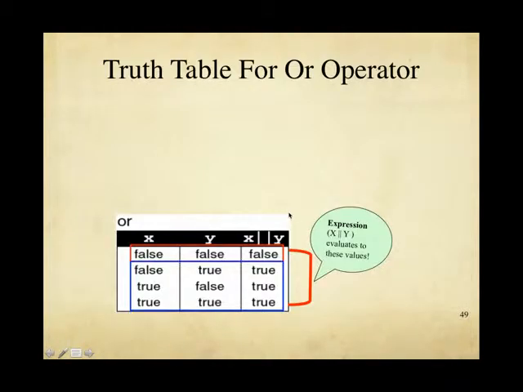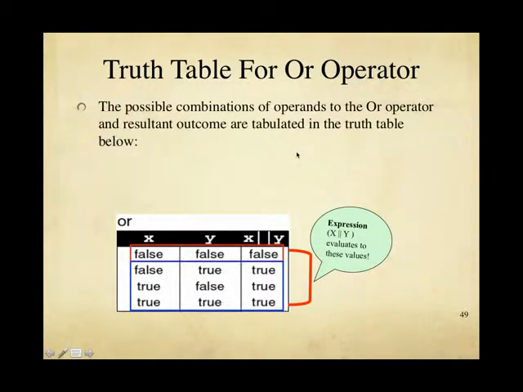Okay. So this is the truth table for the OR operator. The only case where the OR operator will give a false is when both inputs are false. As long as one of the inputs is true or both are true, we'll get the true result.